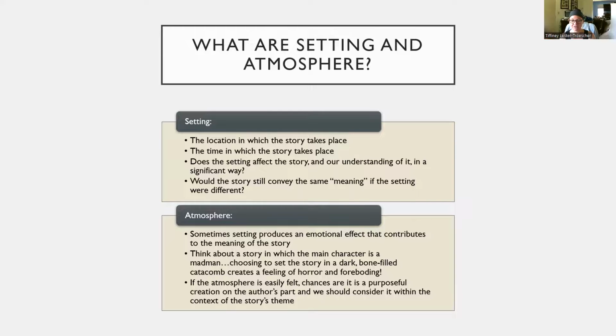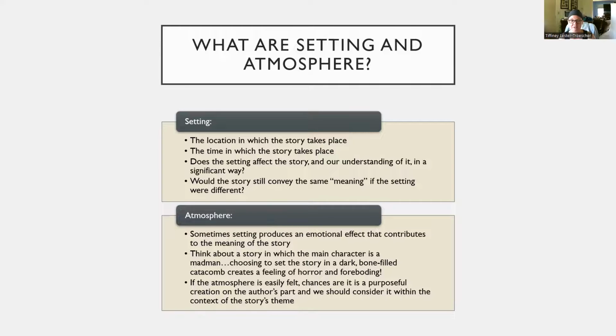Having a story that's taking place in dark, bone-filled catacombs is going to create a very scary, unsettling atmosphere, where you know something bad is going to happen. An atmosphere where people are just angry and resentful creates an atmosphere.